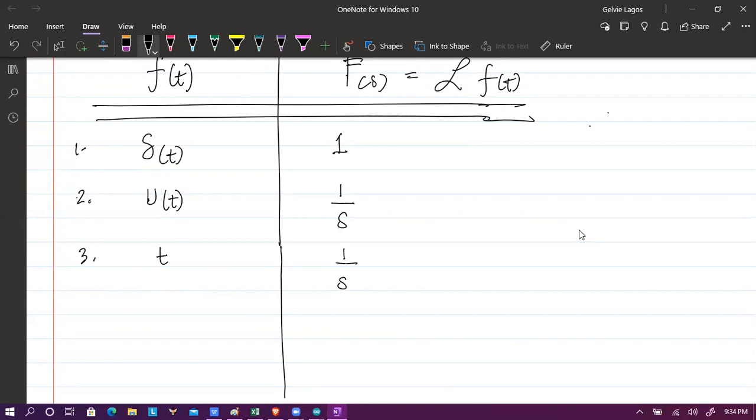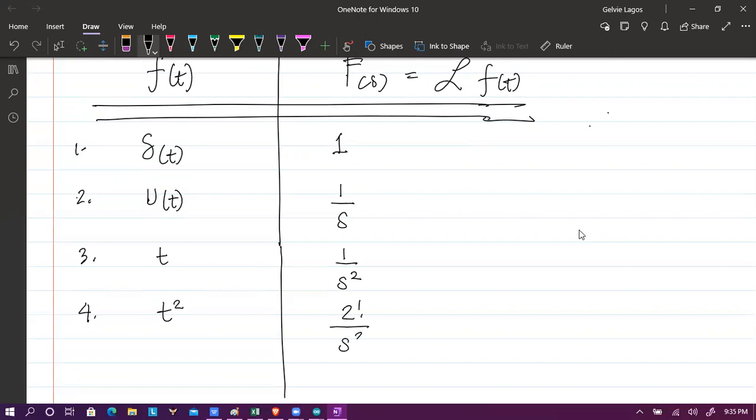Of course, this is 1 over s squared. Now let's have the quadratic function, or shall we say the second order function. The Laplace transform is just 2 factorial all over s cubed.